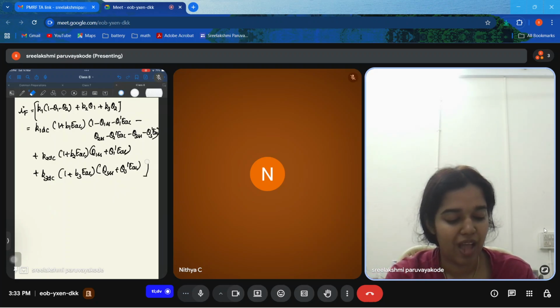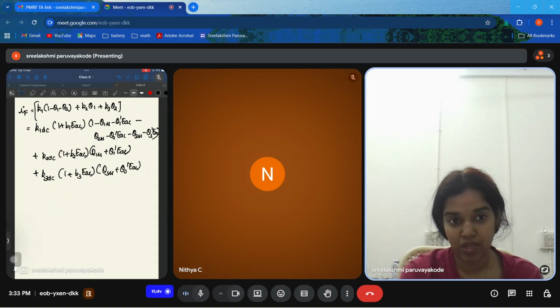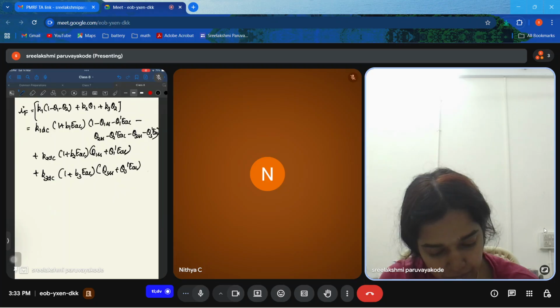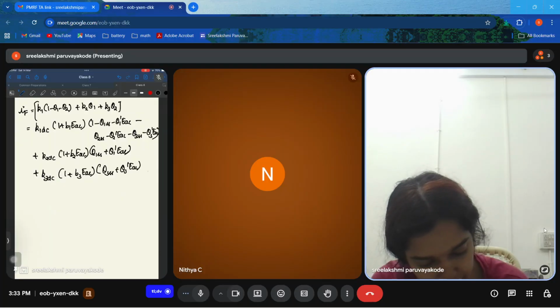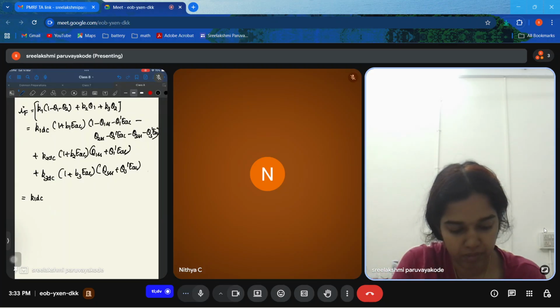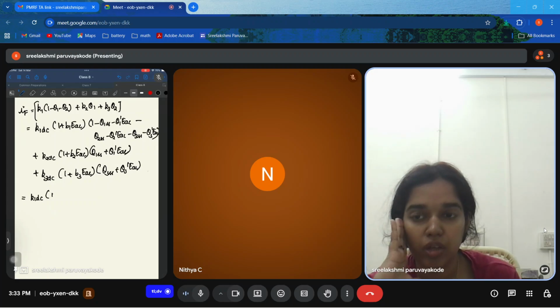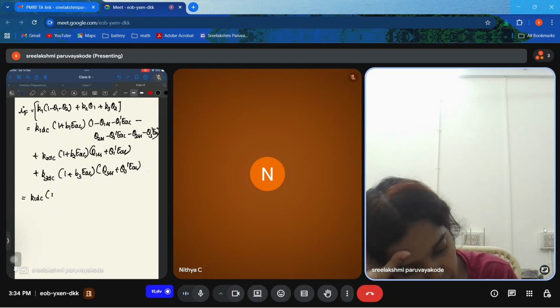Now I'll simplify it and then leave it over there, then you will have to solve it. First I'll try to get the constants together. So I'm multiplying K1 DC into 1 minus theta 1 SS minus theta 2 SS minus theta 3 SS.